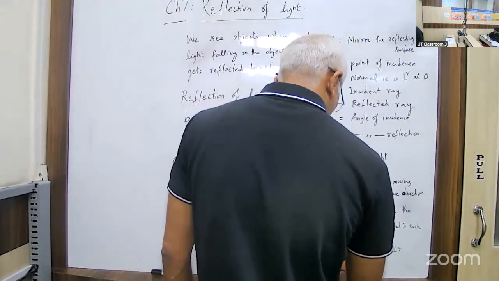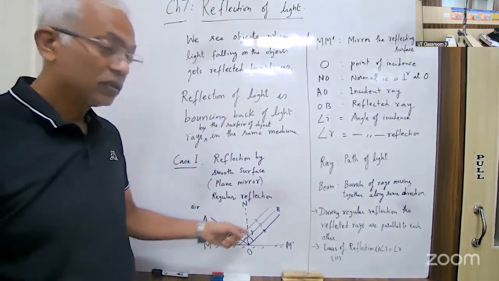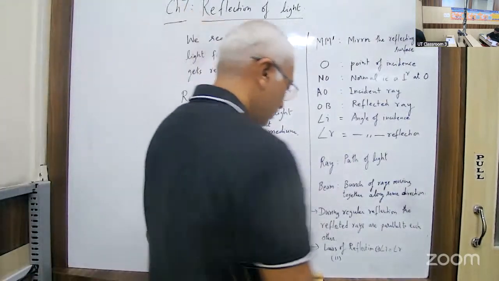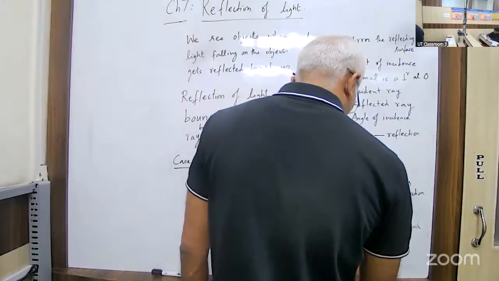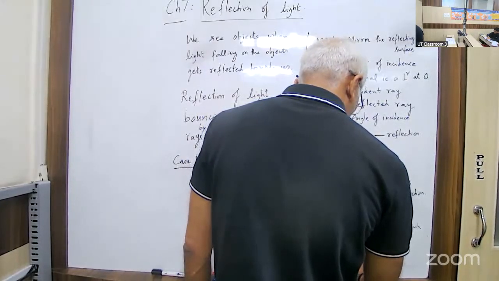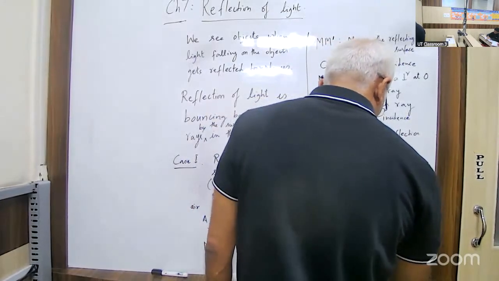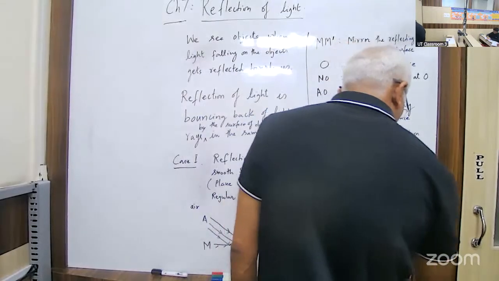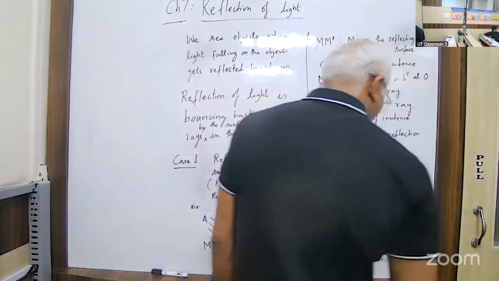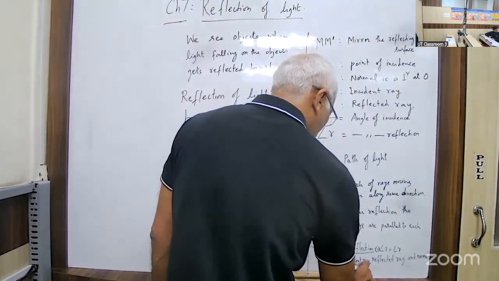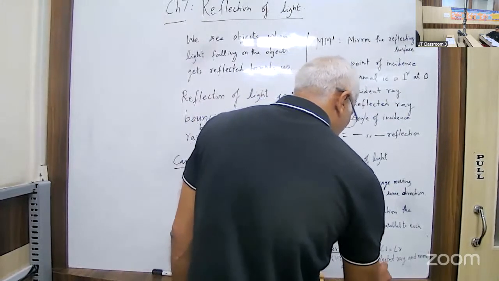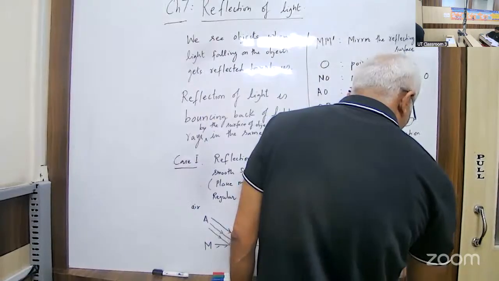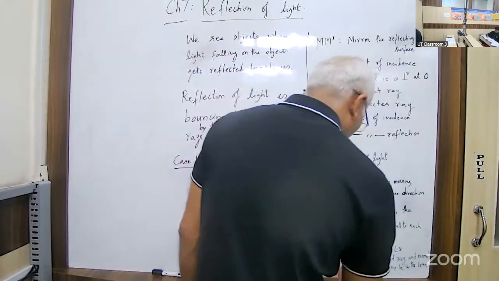The second part is the incident ray, the reflected ray, and the normal at the point of incidence all lie in the same plane.